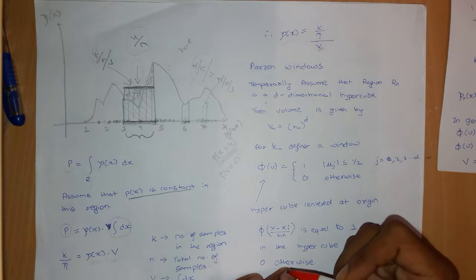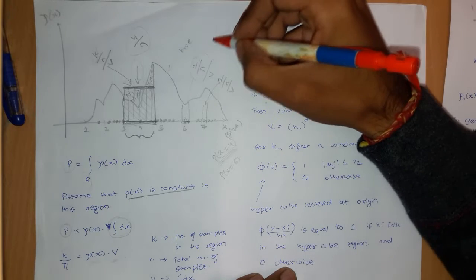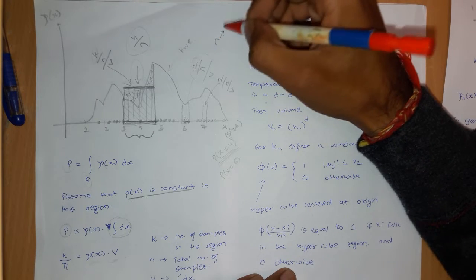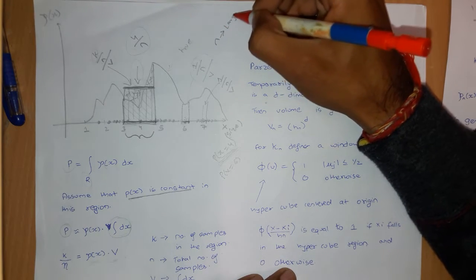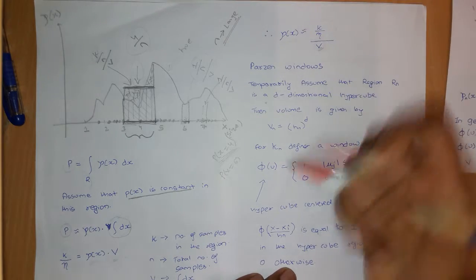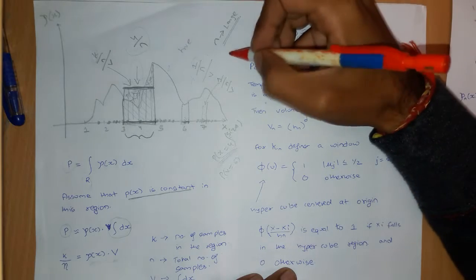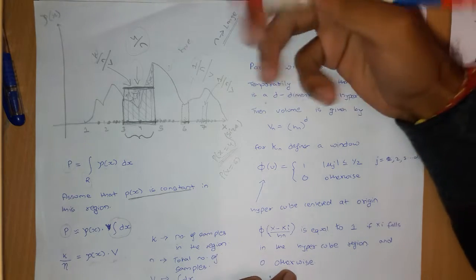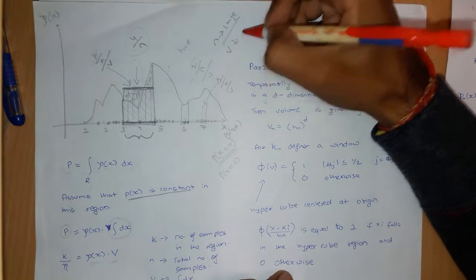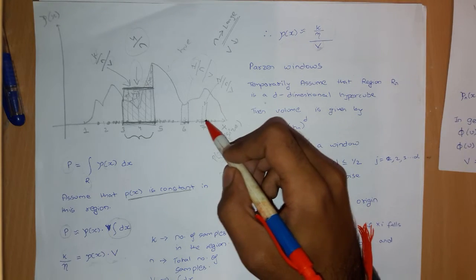So the point is, when n tends to a large number, when my number of samples is large, only then can I reduce my volume, or reduce my region.